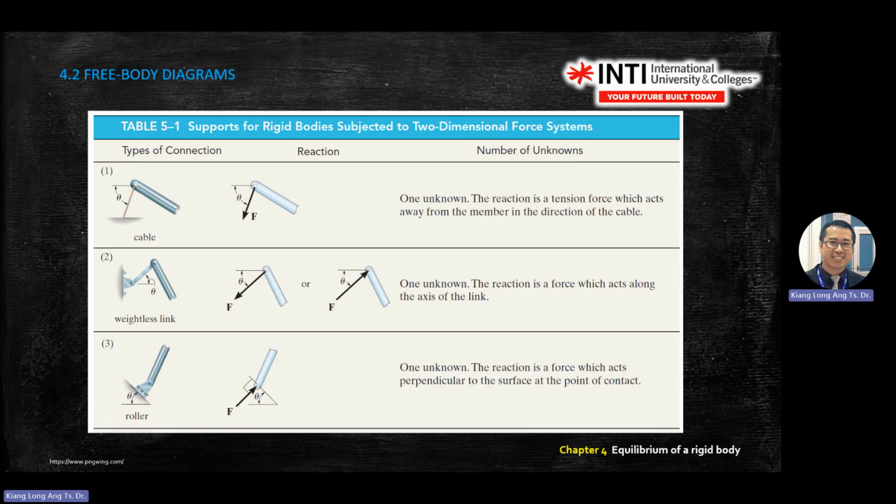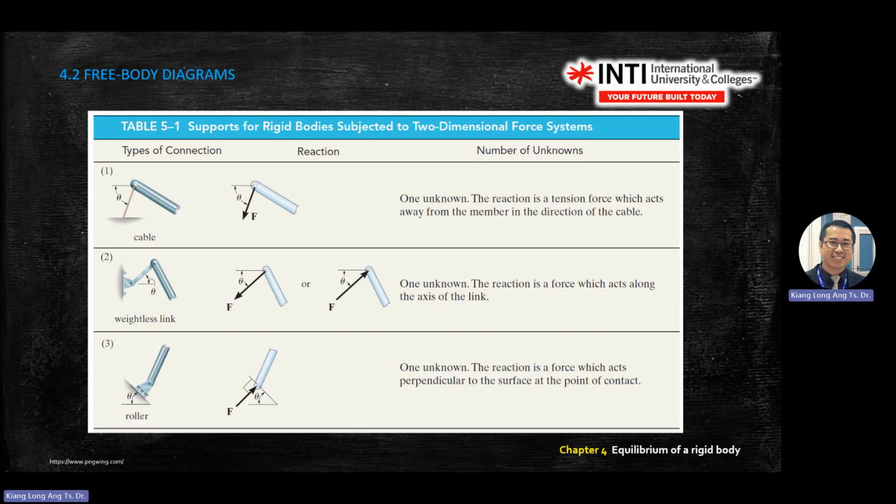What I want to highlight here is that you need to imagine what cannot move or what cannot be done by the object. Then you transform the support into forces and moment. For example, a cable. If the object is tied by a cable, your force should follow the cable direction.